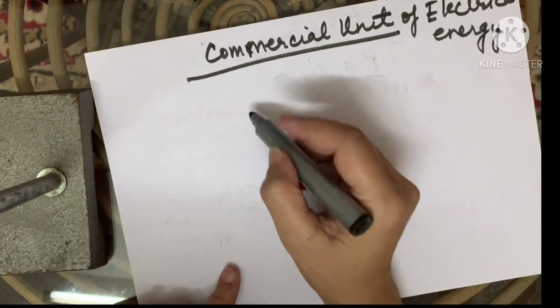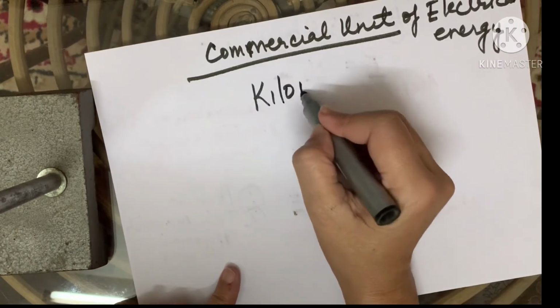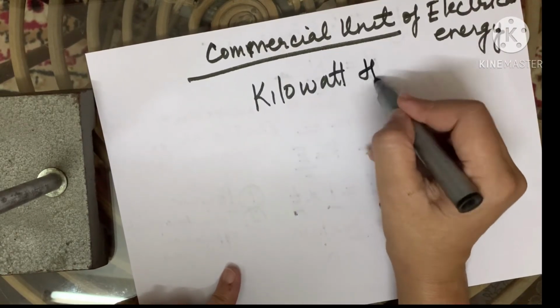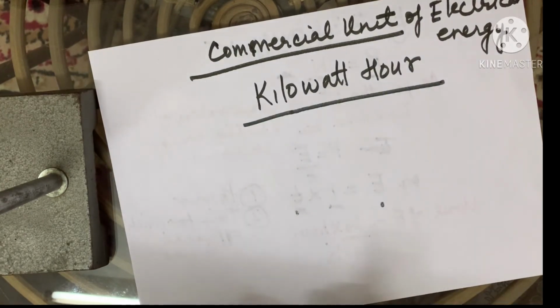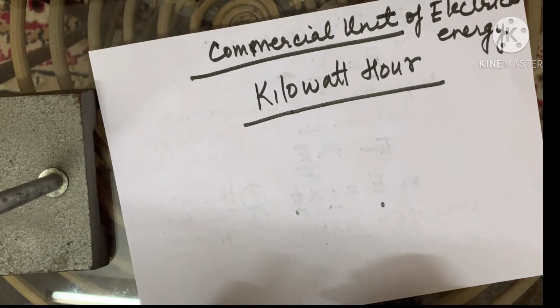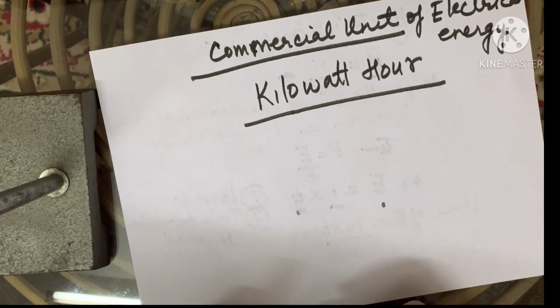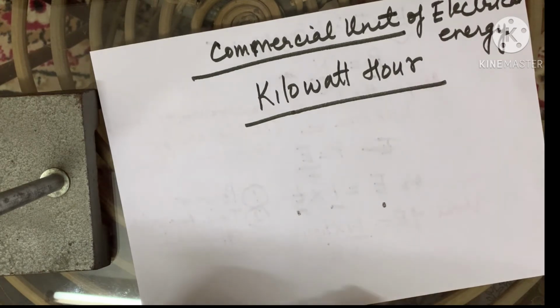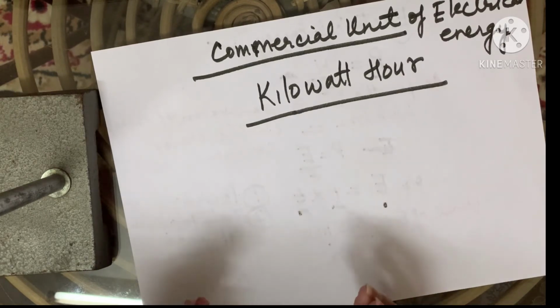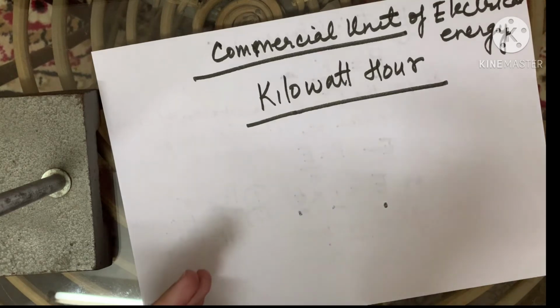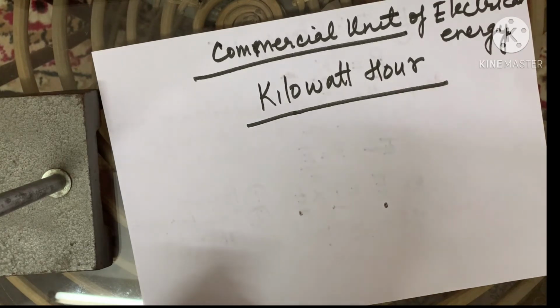The commercial unit of electrical energy is kilowatt hour. It is kilowatt hour because it is the bigger unit. Actually, if we measure the energy in joule or watt, then it is the smaller unit, and for the time also we have to use second.